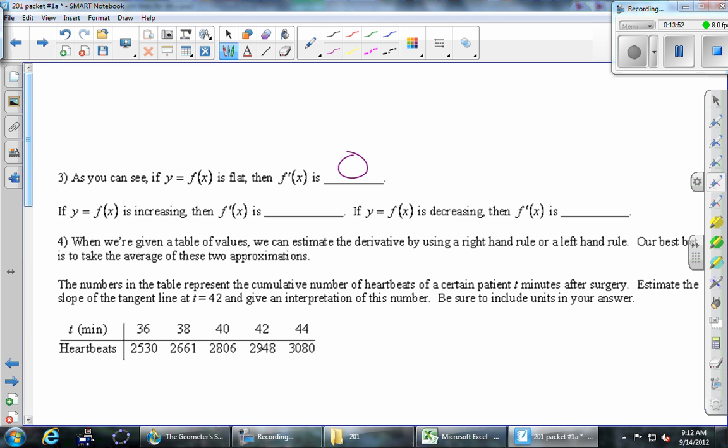First one, if f is increasing, then f prime is positive. And if f is decreasing, then f prime is negative. Fundamental facts about the derivative. Okay, number 4. Let's go to Todd.